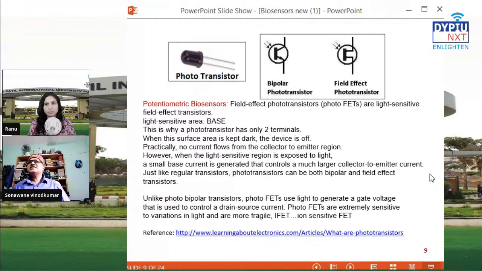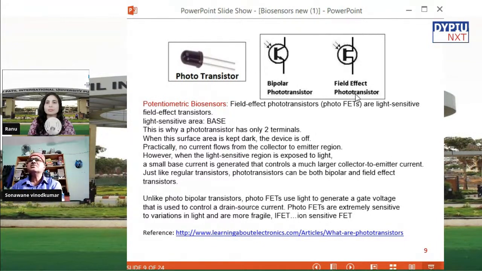In the miniaturized size comes the field effect transistor, which is very small and also works like a transistor. With this phototransistor, if the surface area is dark, the device is off, and when the surface area is illuminated, it gives you a reading.